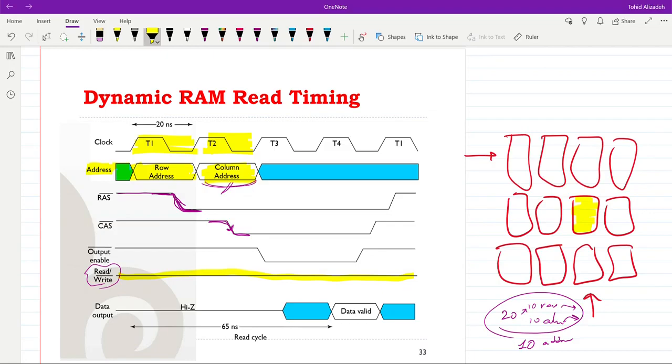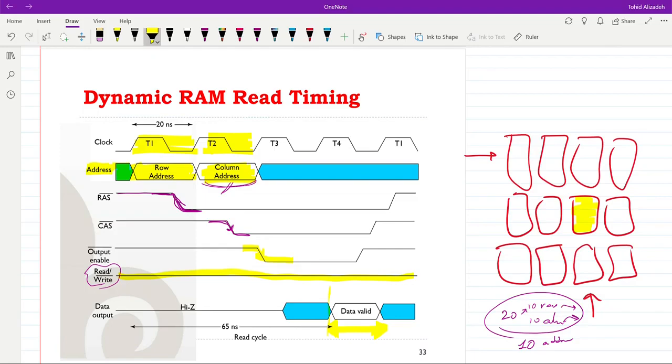And after the 2 clock pulses, the output enable has gone to 0, meaning that we want to enable the output. And after a while, the data is made available for the rest of the circuit to take it, for the CPU to take the data from the dynamic RAM memory.